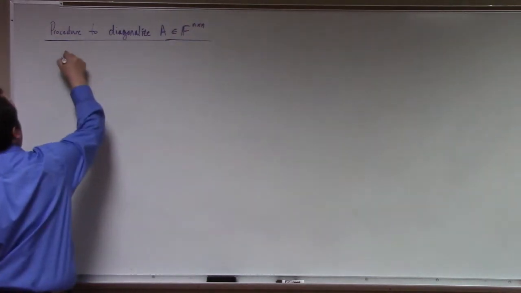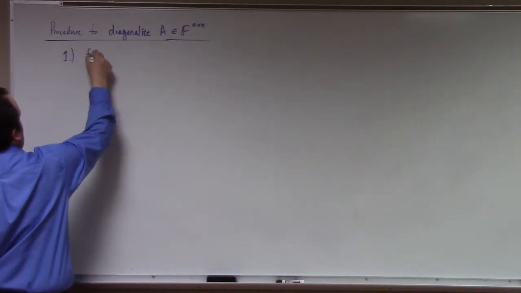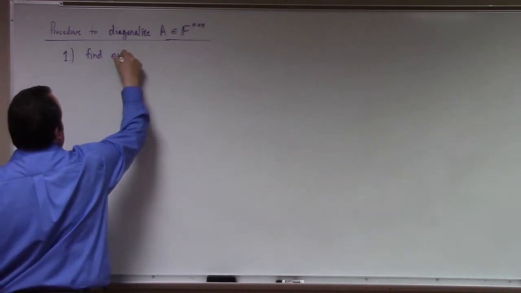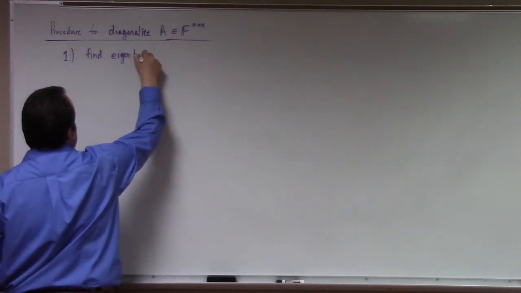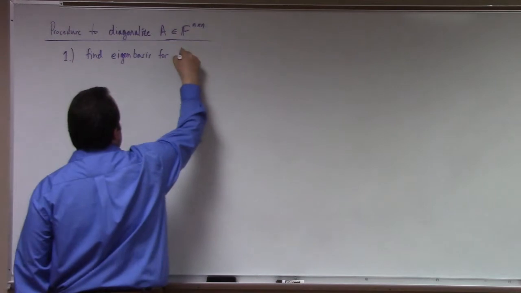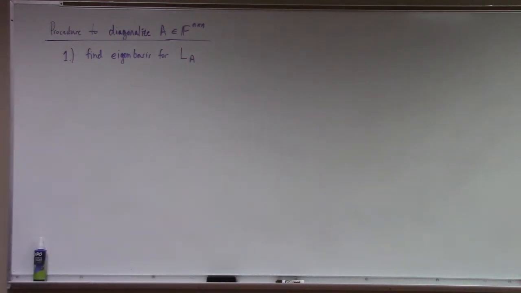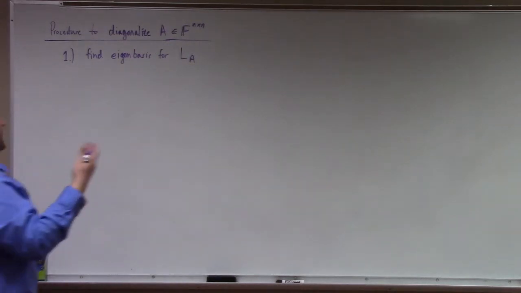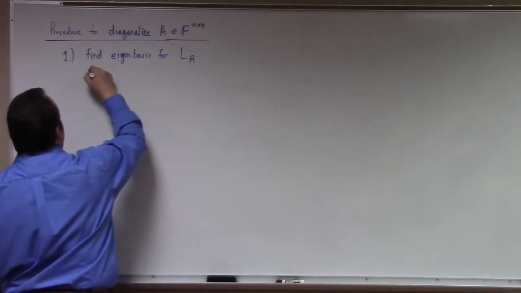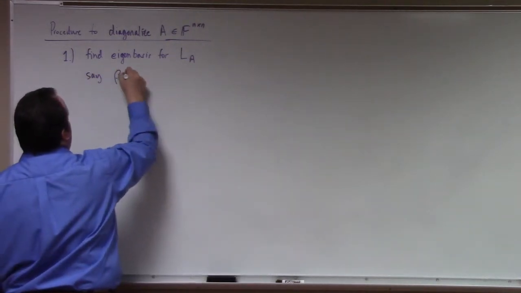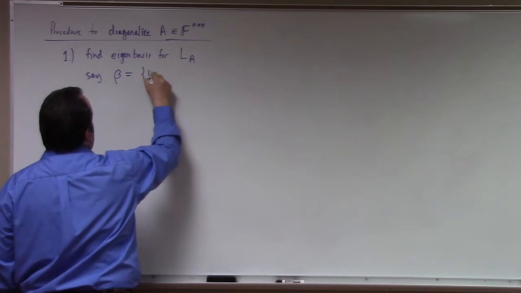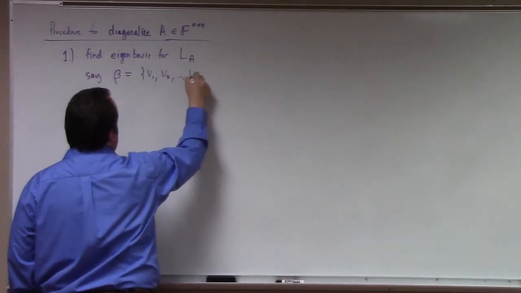So step number one, find an eigenbasis for L sub A, if you can. There's no guarantee that we can do that, by the way. But suppose you can, say beta equal to v1, v2, through vn.